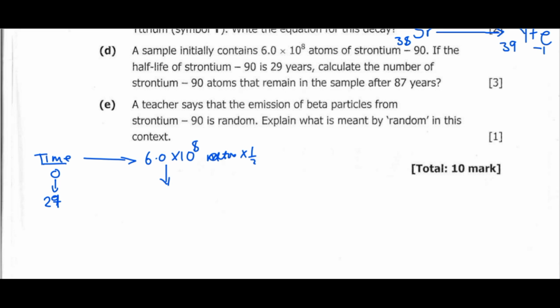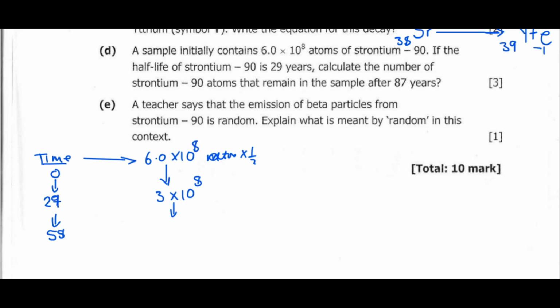So what is the half of this number? It's 6 times 10 to the power 8 divided by 2. So I'm getting 3.0 times 10 to the power 8. Then 29 plus another 29 is 58. So half of this will still decay.